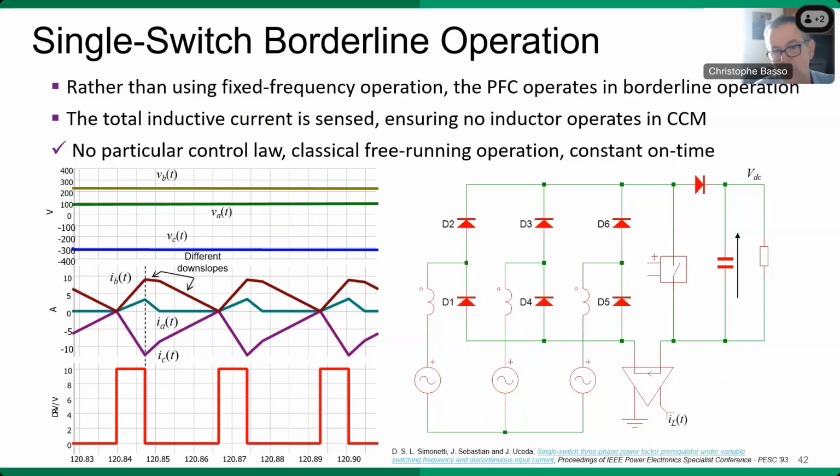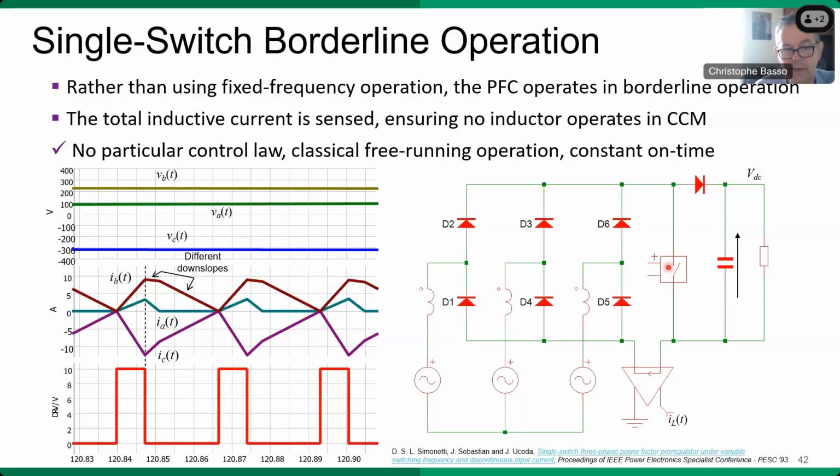Now you no longer have one inductor, but you go with 3 individual inductors. And this guy here is operating in what we've seen before, the borderline operating mode. And operating in borderline is fairly cool because if you truly have constant slopes on the inductor, then if you set the peak, the average is half of the peak. That's the beauty of the BCM operation.